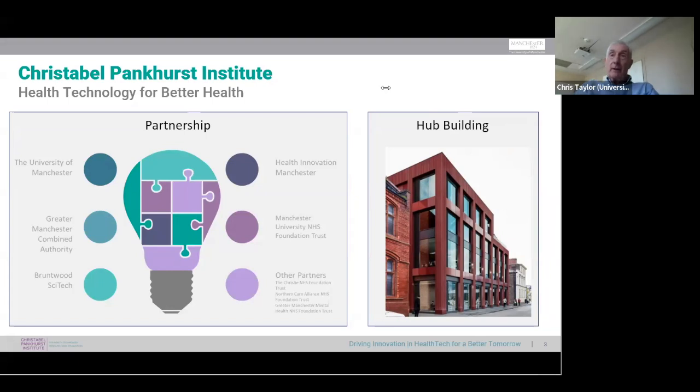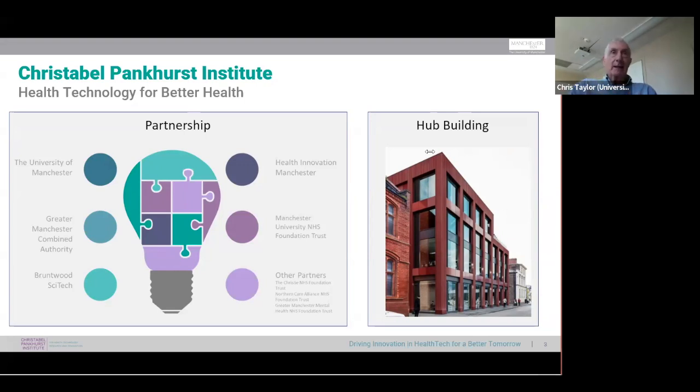If anyone on the webinar is interested in having space allocated within the building, we're currently doing a new space plan. So if you'd like to spend some of your time with other people doing similar things, you better get in touch with me, I guess. Okay, if we move on.